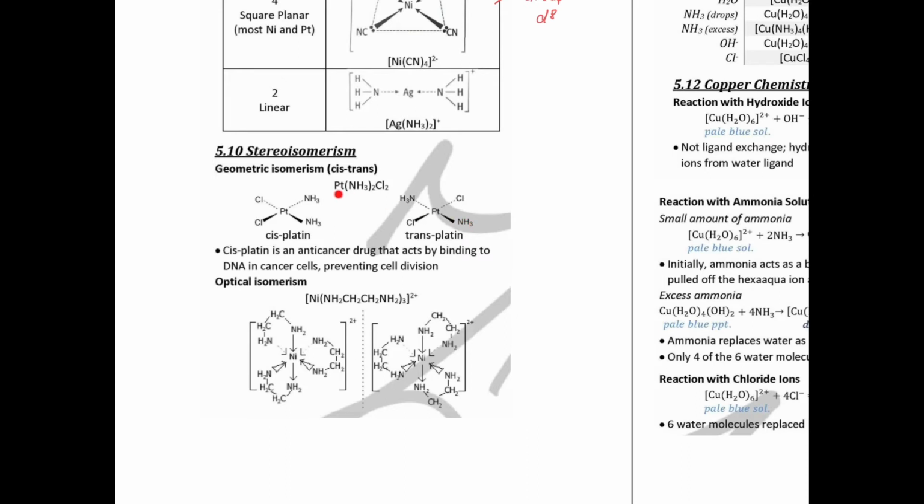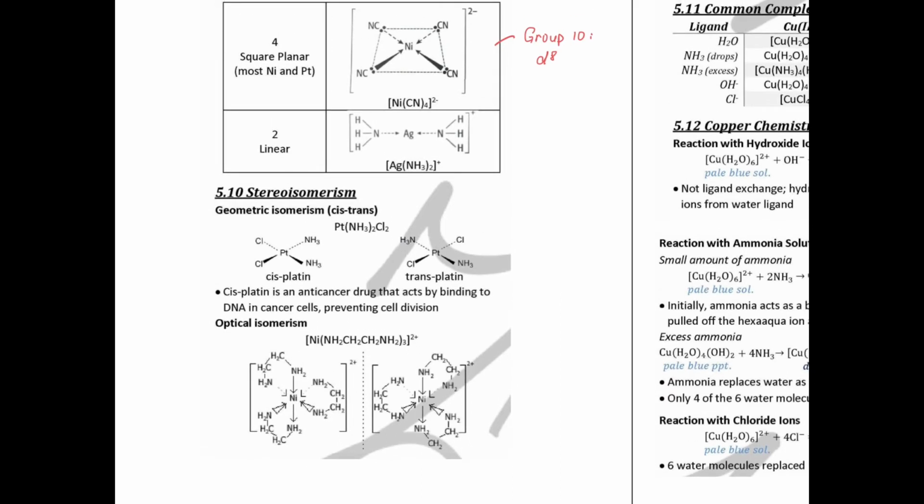So this is platinum, Pt(NH3)2Cl2. Just now in the notes, we already mentioned that platinum is where you have to use square planar. So it's square planar. You see the shape, this is square planar, right?